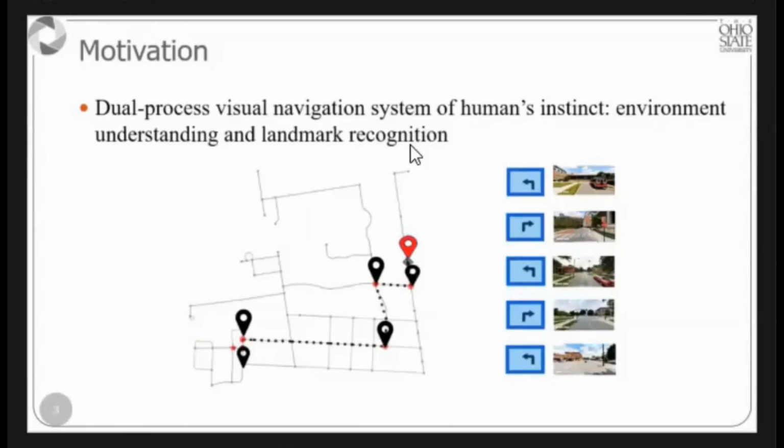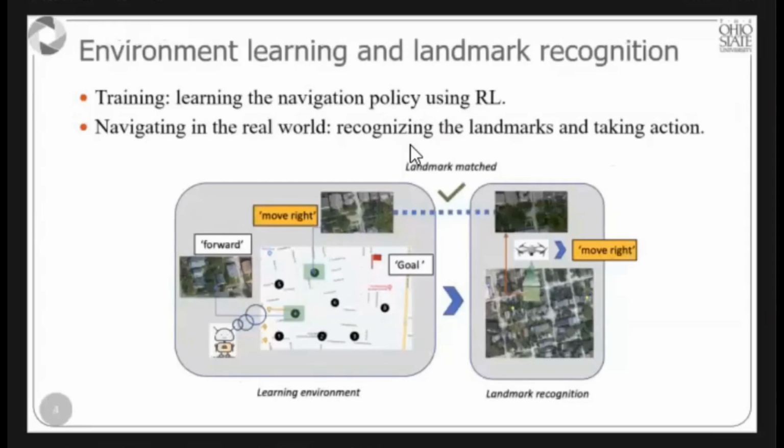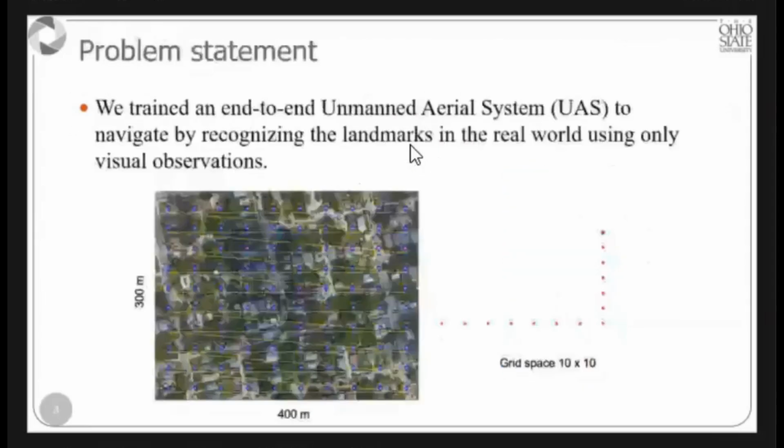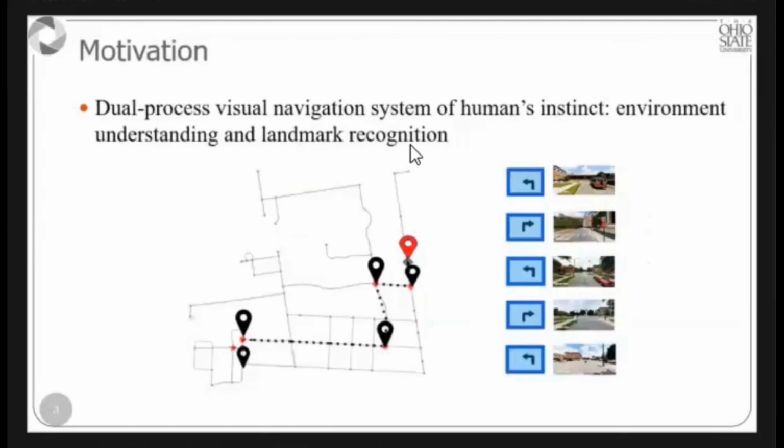Just imagine when we are walking, following guidance on Google Maps to a target place near our house. Even though we lose the GPS, and have no ability to localize our position on the map, we can still find the way by recognizing the landmarks around us.